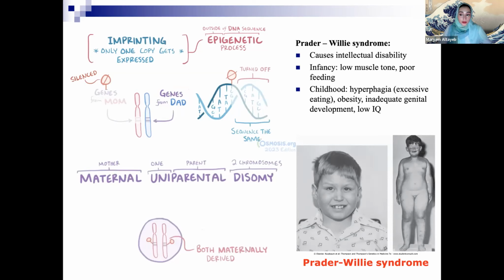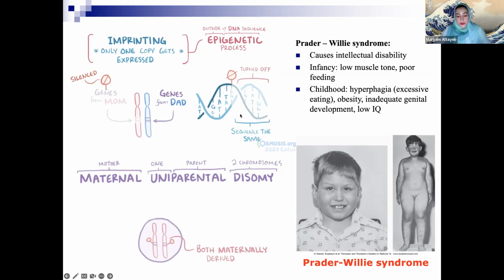So only the genes from your dad would be expressed versus the genes from your mom. And remember, this is an epigenetic process. It's outside of the DNA. As you can see here, the sequence stays the same, but because of this thing called methylation, or adding a methyl group, you essentially turn off this gene or you prevent it from being expressed.